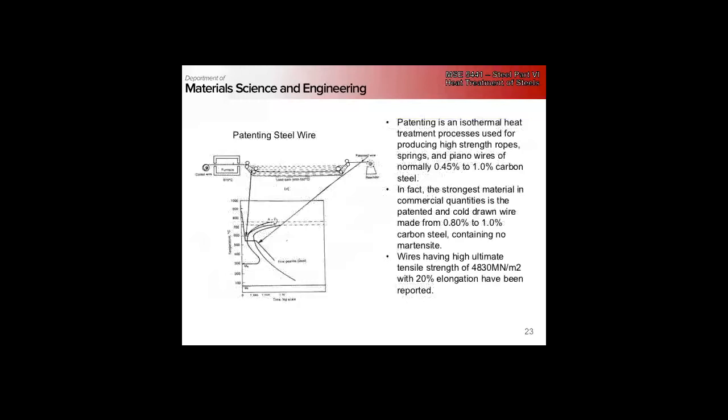Why is it that strong? Because you've got such a fine pearlite structure, right? So think about it. You've got a really, really fine pearlite. You've got a very fine dispersion of the cementite, and you also have dislocation-free ferrite that can still give you the ductility. Okay, so it's taking super advantage of all of that, essentially.